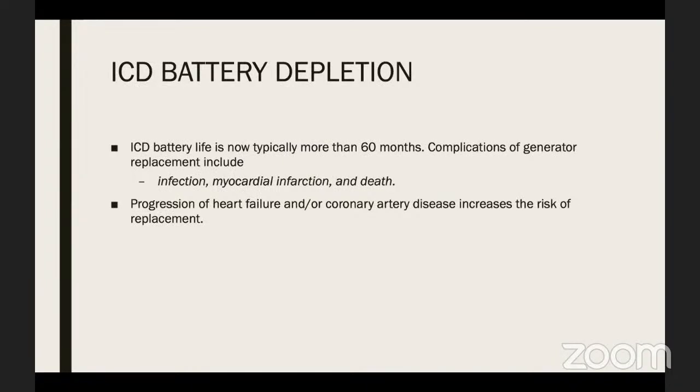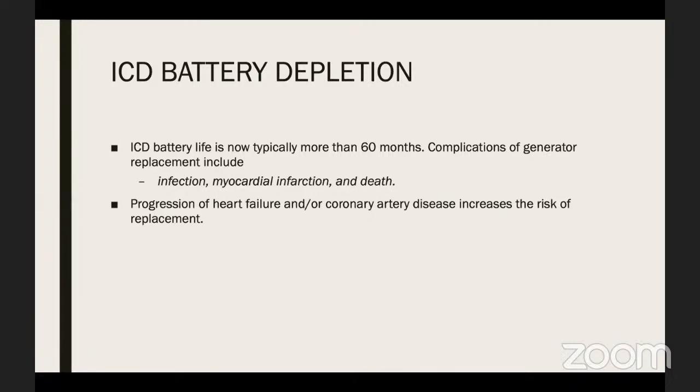ICD battery depletion. The battery life in the ICD is now typically more than 60 months. The complications of generator replacement include infections, myocardial infarction, and death.